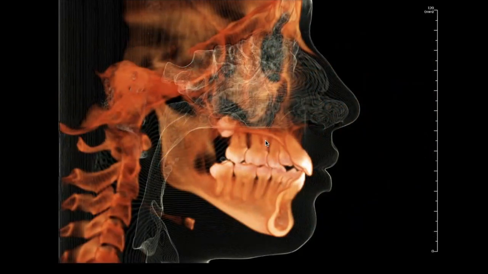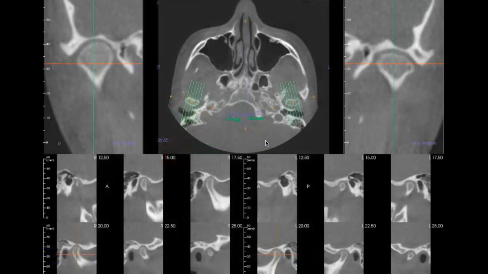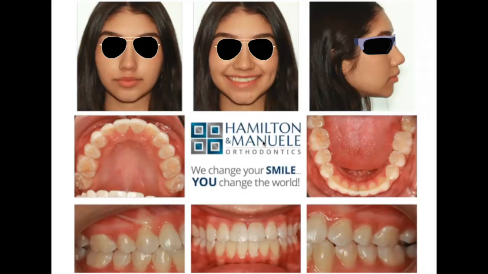We ran mechanics with our wires, RCOS type wires, to try and address our occlusal plane issue. Not perfect, still pretty flat. Lip at rest, okay. Not a ton of changes in the airway. Not a ton of changes in our jaw joints.